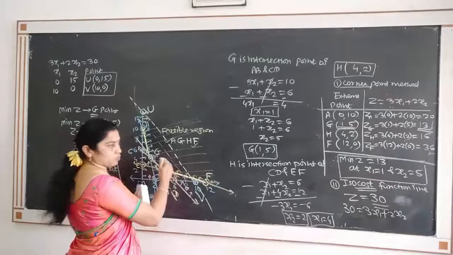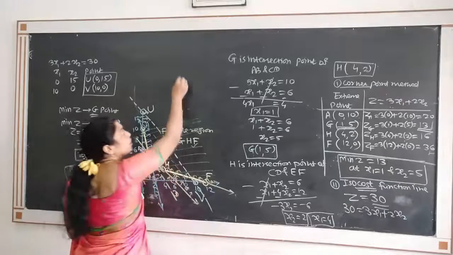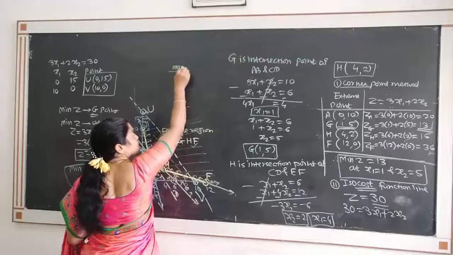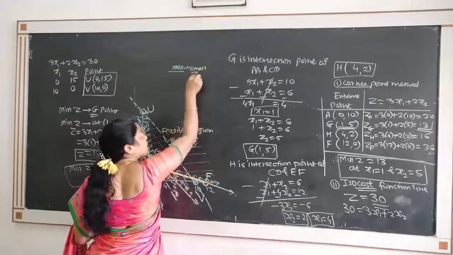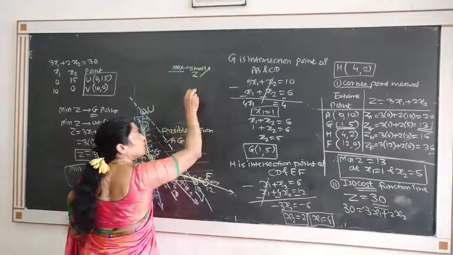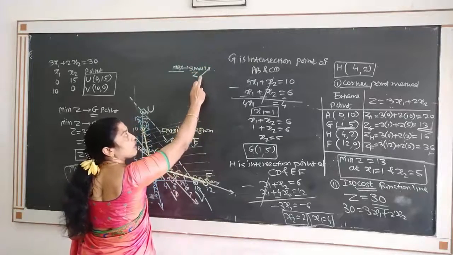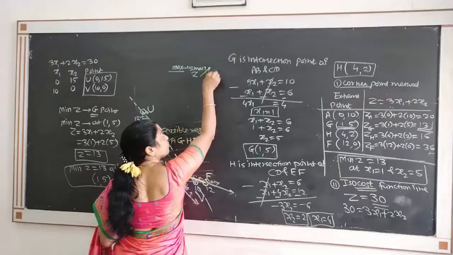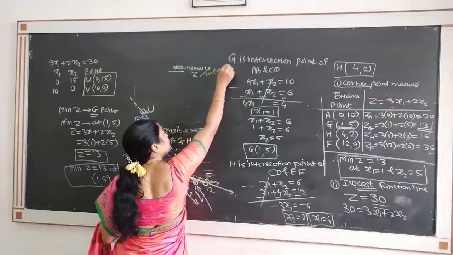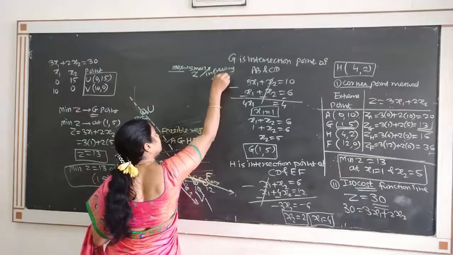So see what we do. In the last example, because it is maximization, we take small value of z, and we go on drawing lines which are parallel to objective function line but in increasing direction of z value.